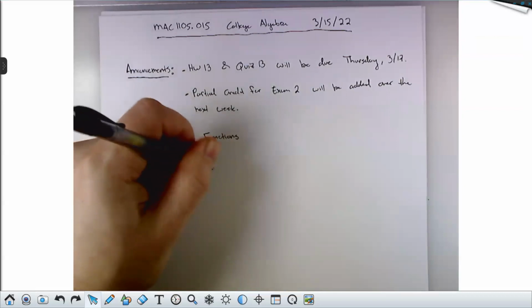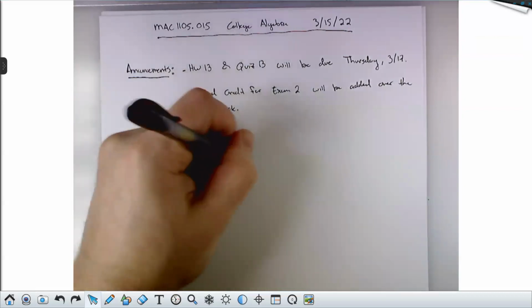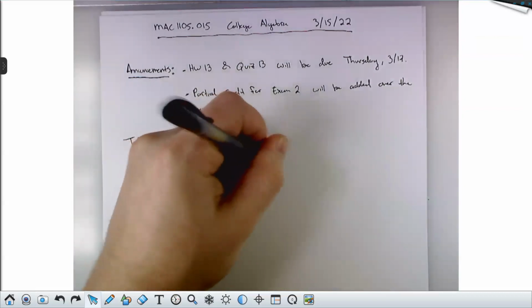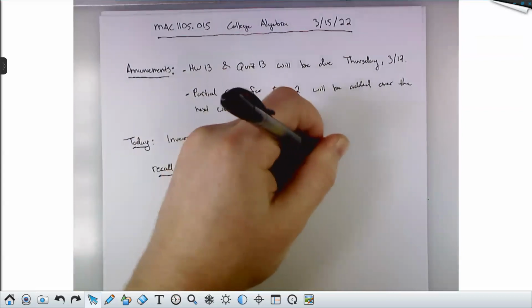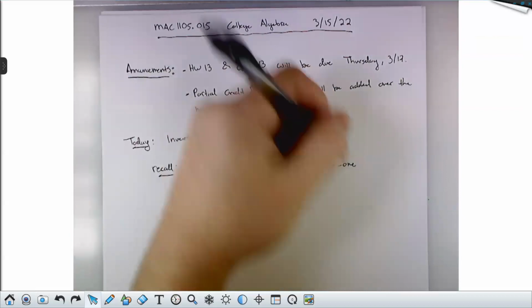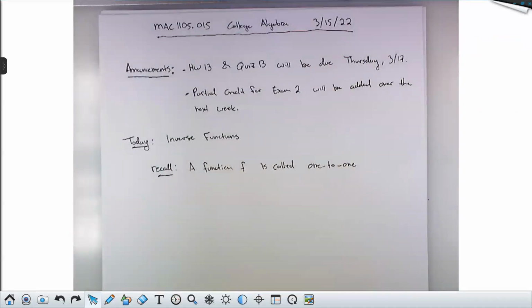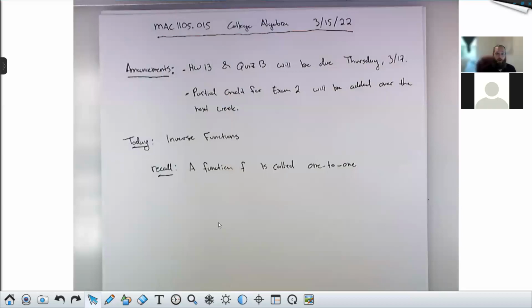A function f is called one-to-one if, kind of in words, the simplest way to say this, let's see here, what is this? Oh yes, Kylie, thank you for that reminder. Yeah, there's a nice warm-up exercise we're going to do here. So let me first put down this definition, and then we can go back and look at those as warm-up exercises.